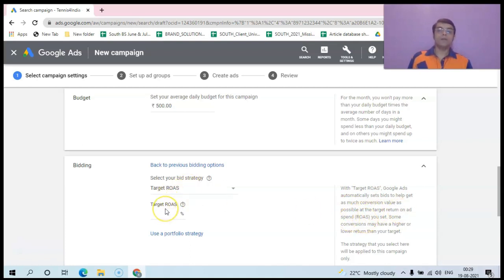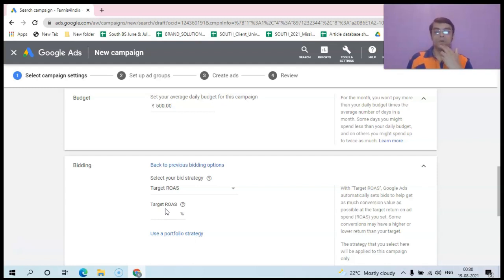For example, if you want 5 rupees as your return on 1 rupee of ad spend, that means you want 500% return on your ad spend. For each rupee of ad spend, you want 5 rupees in return in terms of your business through Google Ads.